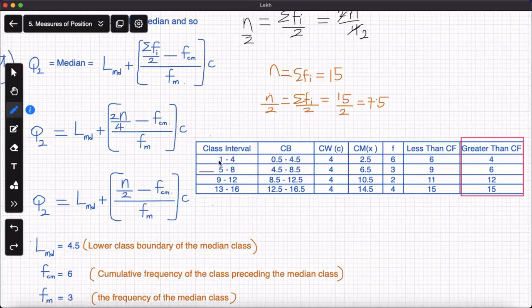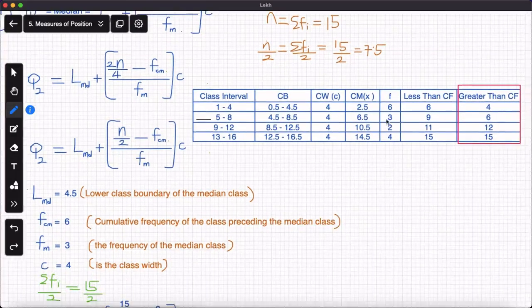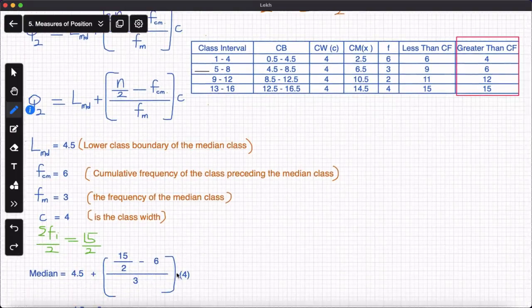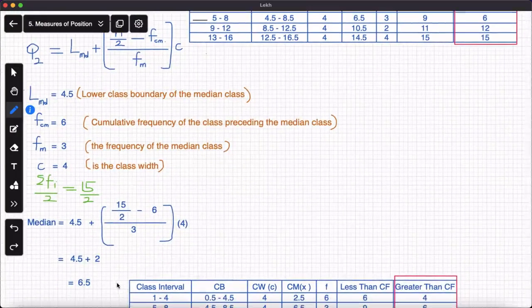This is the class preceding the median class, and its cumulative frequency happens to be 6. So we have 6 here. The frequency of the median class itself is 3. That's why we have 3 here. The class width is 4. So we substitute everything and we get 6.5 when we are done.